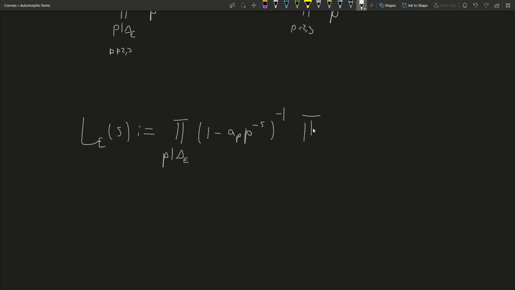And then when you have good reduction, you get an extra term, which is (1 minus a_p p^(-s) plus p^(1-2s)) to the minus 1.